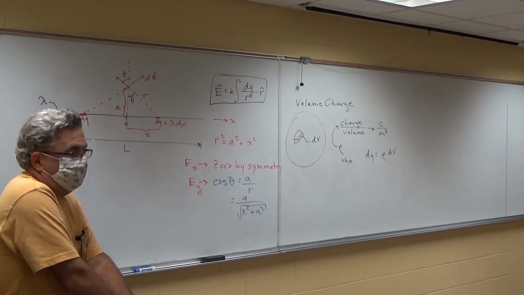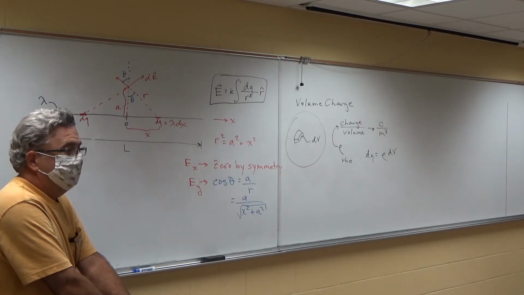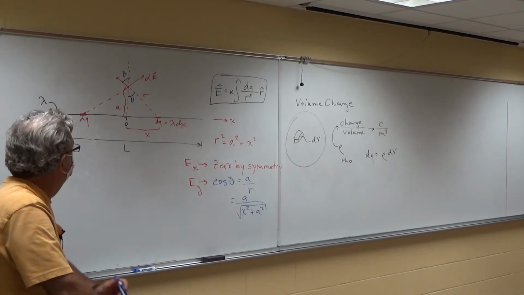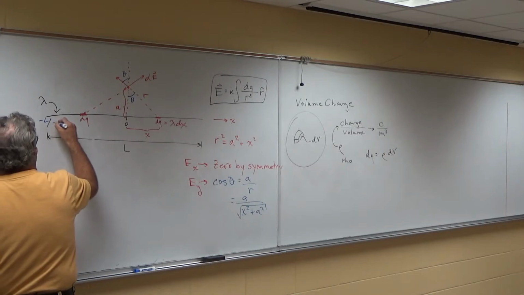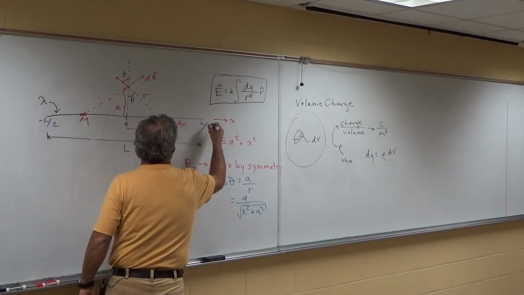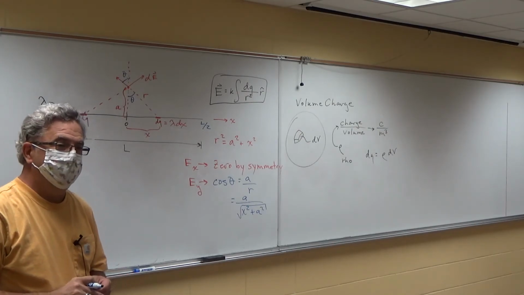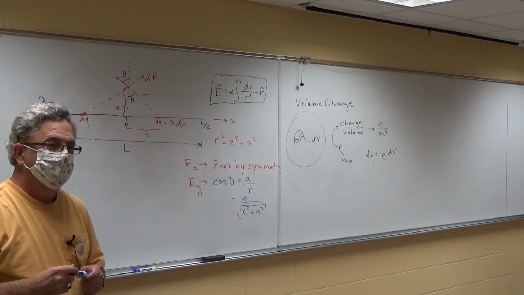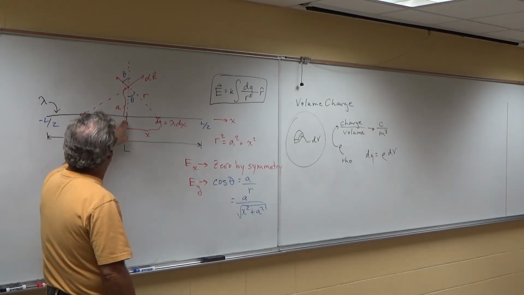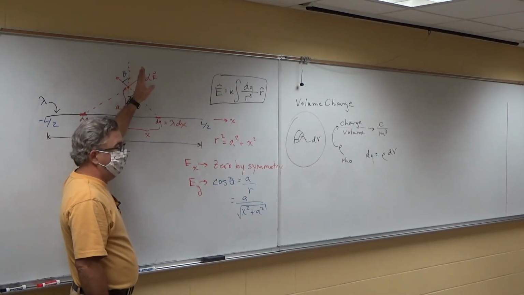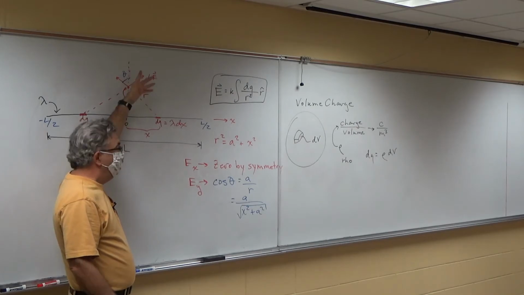Let's talk for a second about the limits of integration. Well, you always integrate over the charge. So from minus L over 2 to L over 2, right? Here's another claim by symmetry. I claim that the integral from minus L over 2 to 0, that's going to add up all those components in the y direction, gives me some number.